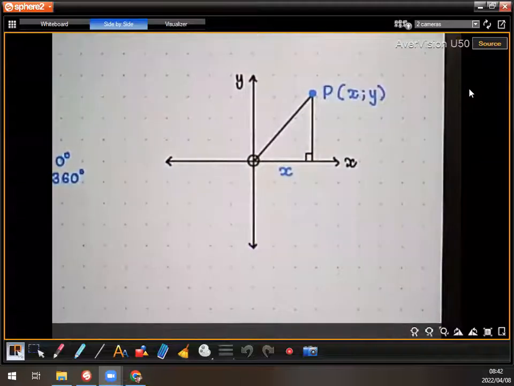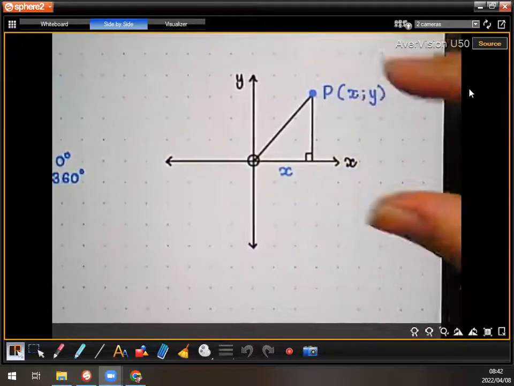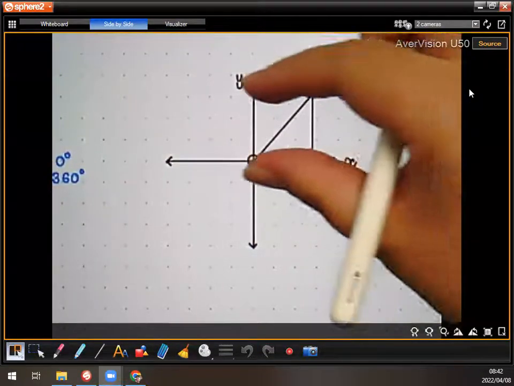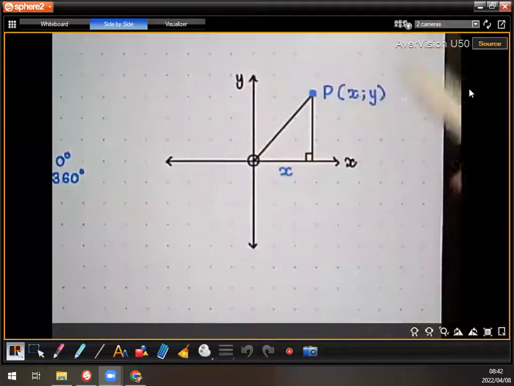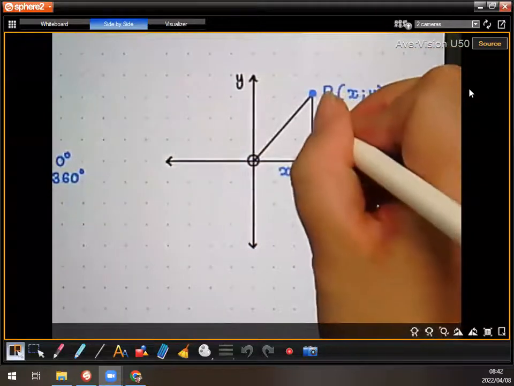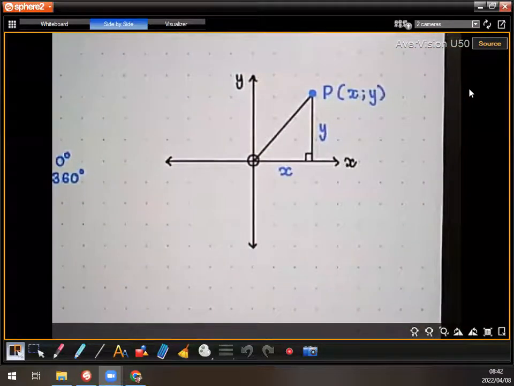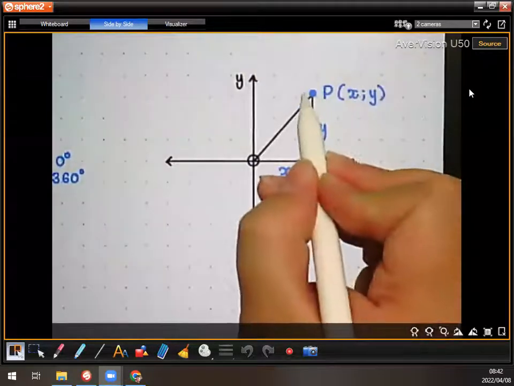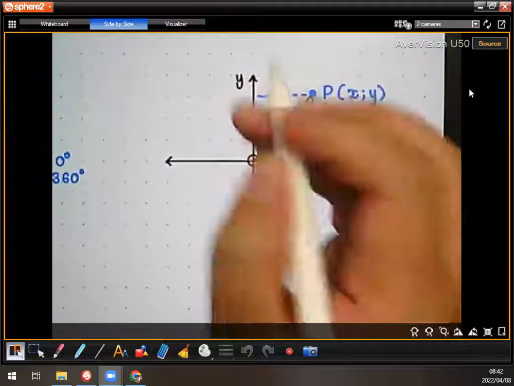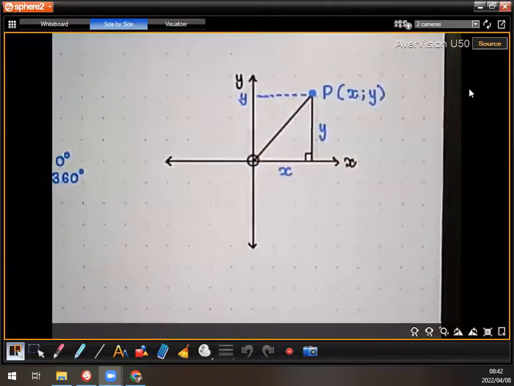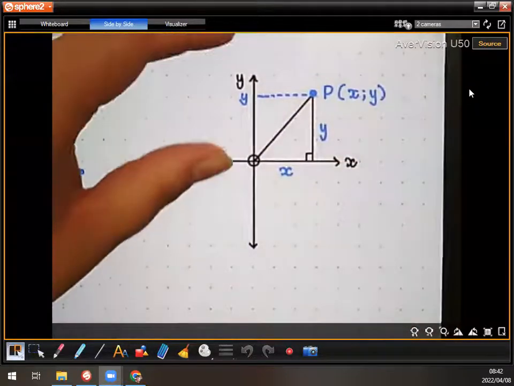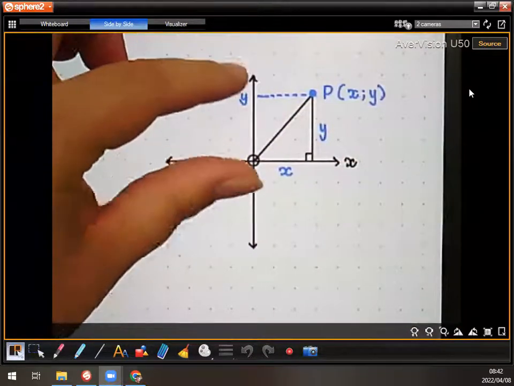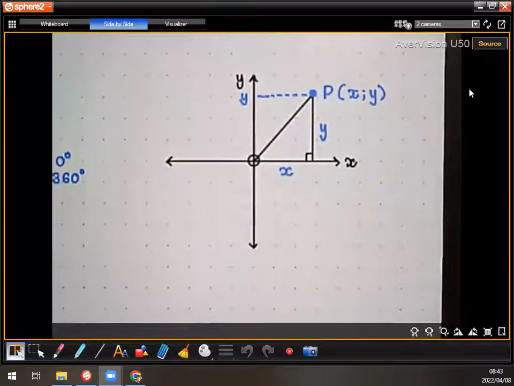In the same way, the length along the y-axis, that distance, will be the same as the y value of the point, the y coordinate. So say the y coordinate was 5, then that would be directly across from 5 on the y-axis. So we're going from 0 to 5, so it would be 5 units.